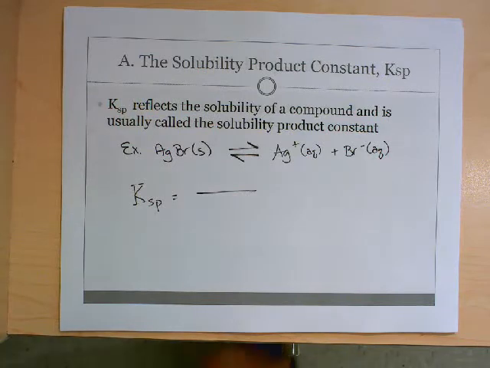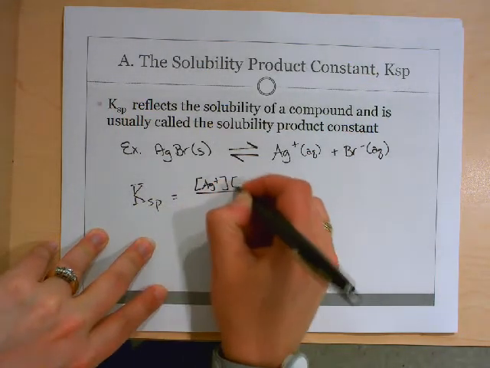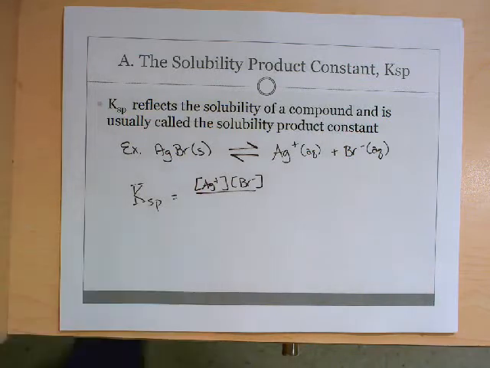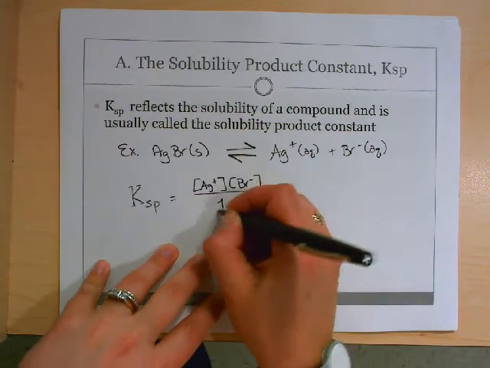Let's say I want to write my solubility product constant equation for this. What goes on top, product or reactant? Products. So I'm going to have my silver 1+ and my bromide 1-. What goes on the bottom? Just 1, because it's a solid.